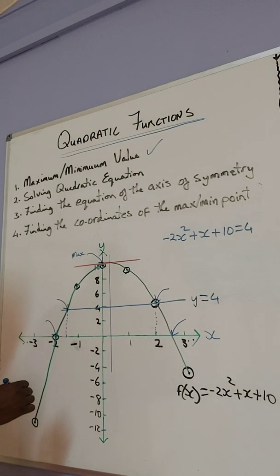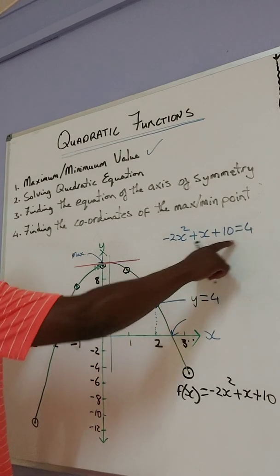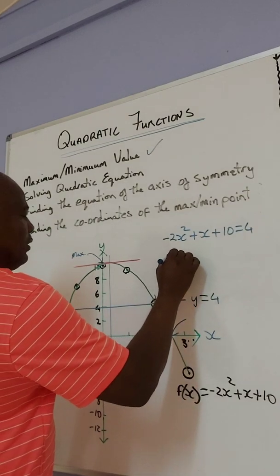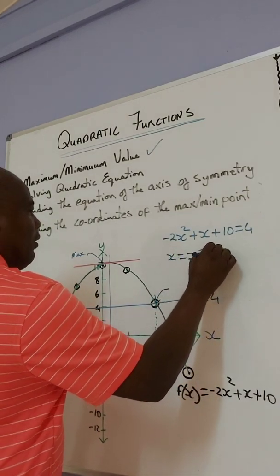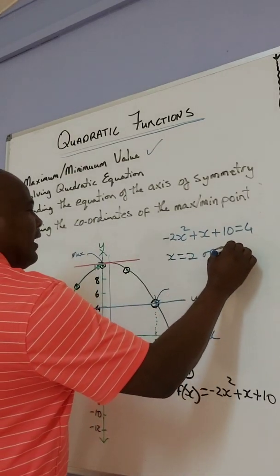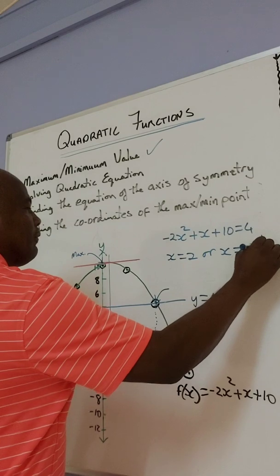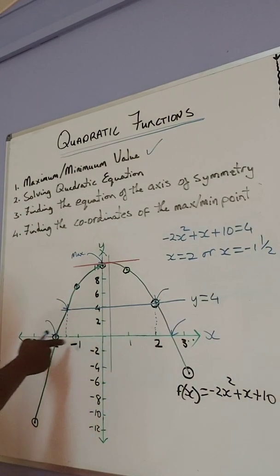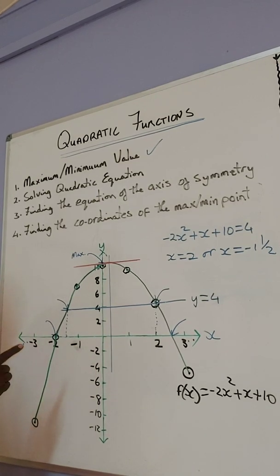And this will give me the solutions to this equation. And the solutions, therefore, will be x is equal to 2 or x is equal to negative 1.5. Keep in mind that this does not give you the exact answer. However, if you were to draw it accurately, then you will get the precise answers.